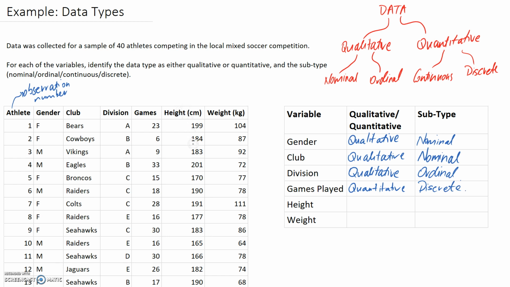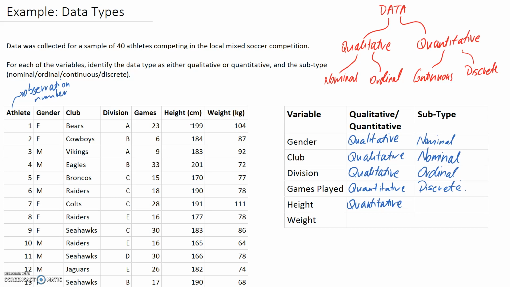Alright, moving on to the next one, height. We can see again it's measured in numbers, so that would suggest it's numerical data, making it quantitative. And then we need to decide whether it's continuous or discrete. This time, if you think about someone's height, really all that's limiting you in how many decimal places you measure to is the tool that you're using.